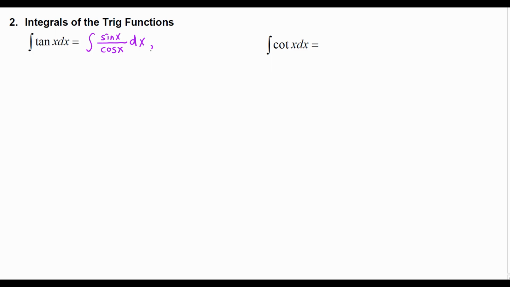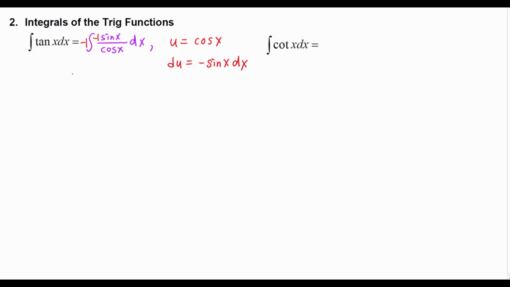So we are going to let the denominator be u. So let u be cosine x. Then what's the derivative of cosine x? The derivative of cosine x is negative sine x dx. So all I have to do is multiply by negative 1 on the top and then multiply another negative 1 outside so that it is the same as the original expression.